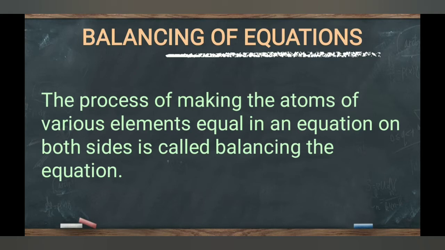There are various methods used for the balancing of equations, but here we are going to talk about the hit and trial method only. In this method of balancing chemical equations, trials are made to balance the equation by using smallest whole number coefficient. This method can be understood with the help of some examples.